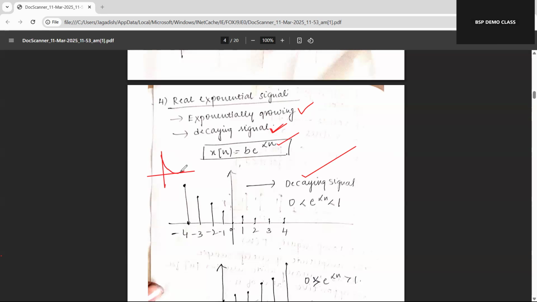Decaying means the graph decreases. So only we are showing, see, it goes on decreasing. This you have to show for decaying signal. So that I am representing with the help of lines. This is decaying signal.